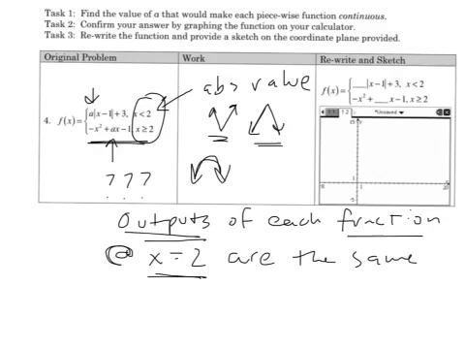Outputs are just a y value. Functions have inputs. We're going to input the value of x equals 2 and hopefully come up with a value for that constant a, which is the coefficient of our absolute value on the top function and the coefficient of our linear term in the quadratic.